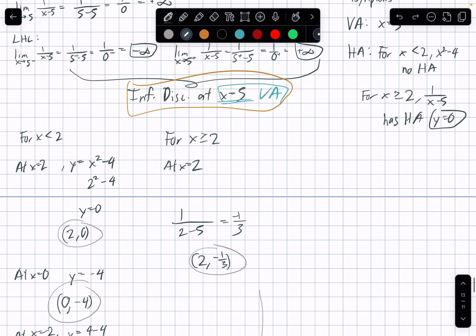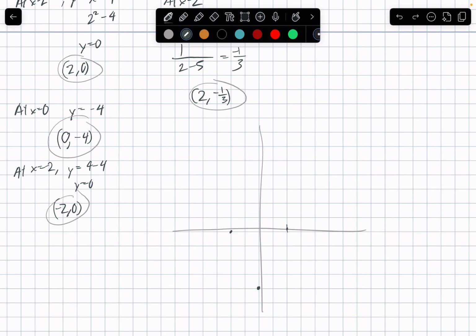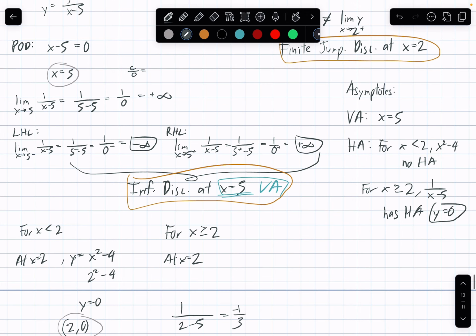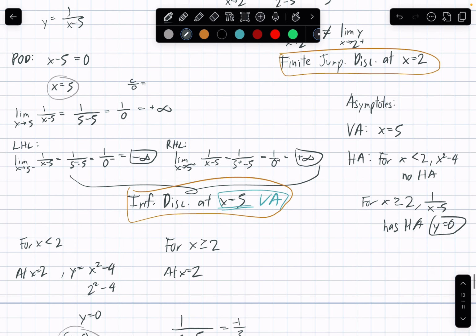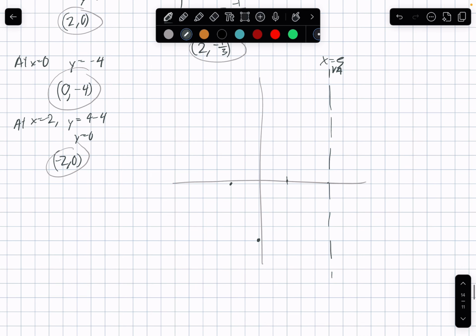What else? Infinite discontinuity at x equal to 5. 3, 4, 5. Somewhere here. So that is where the vertical asymptote is. What other details? y is equal to 0. Okay, we have a horizontal asymptote here.